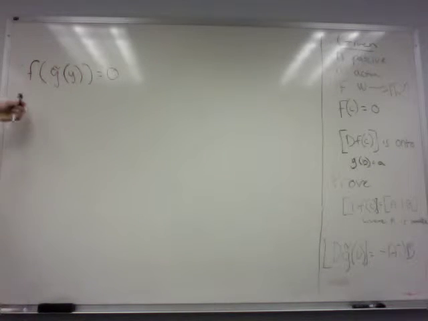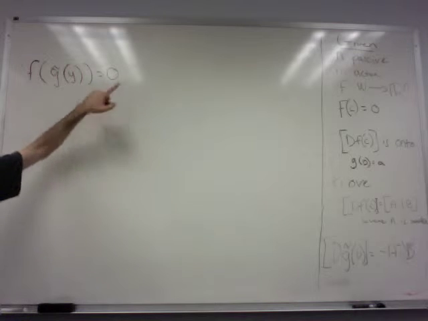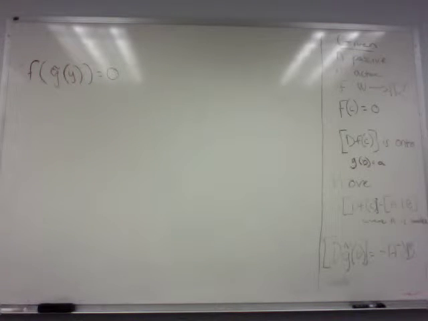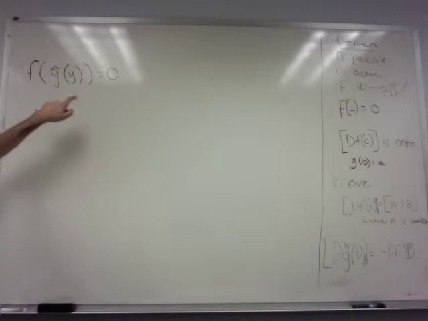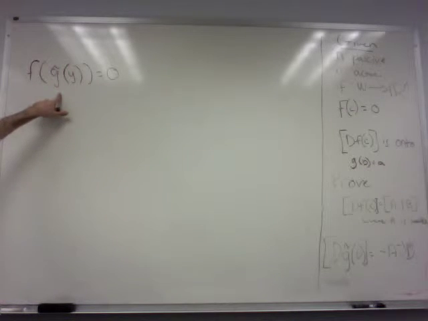Now, what is f of g tilde? Well, g tilde is going to give us back a point c that's on that constraint line. And we know that f of c is always going to be equal to 0 because that's the constraint. So if we know that this is all equal to 0, that's a good start, but now we want to take the derivative of this.